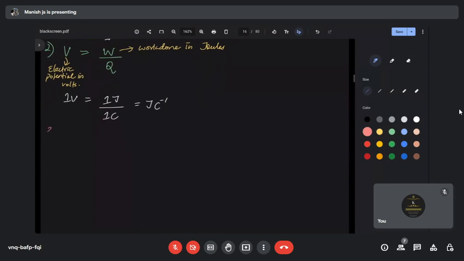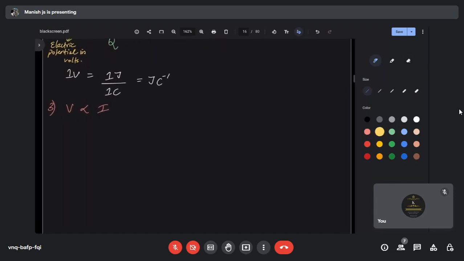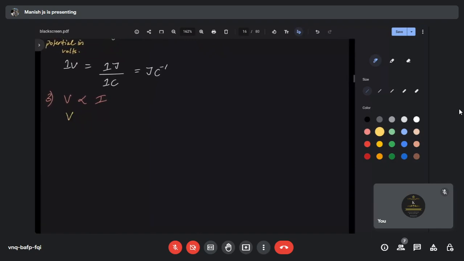Going to the third one. Third one is Ohm's law relationship. According to Ohm's law, the potential difference is directly proportional to the current passing through a conductor, provided that temperature remains constant.